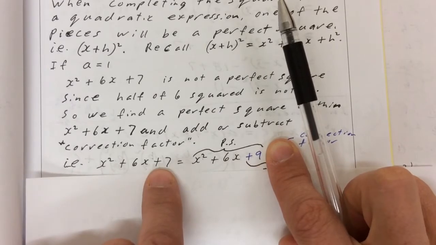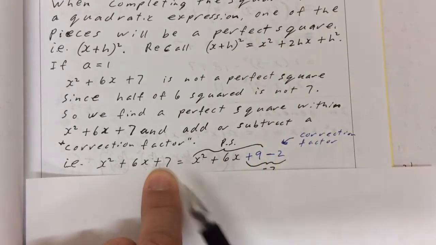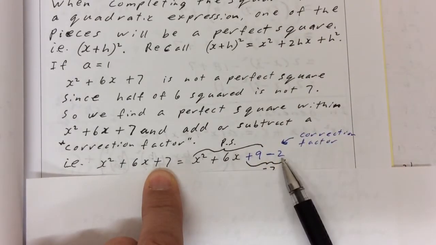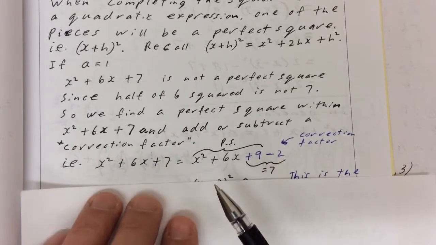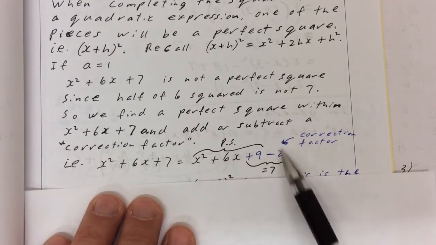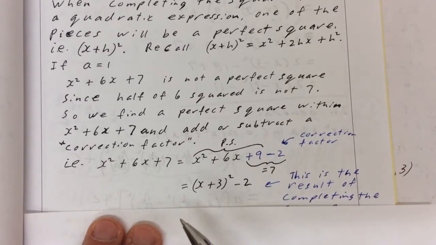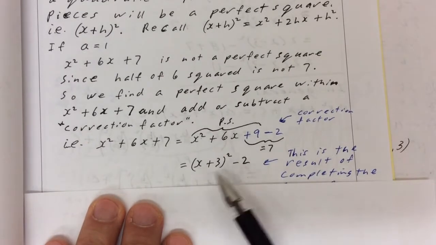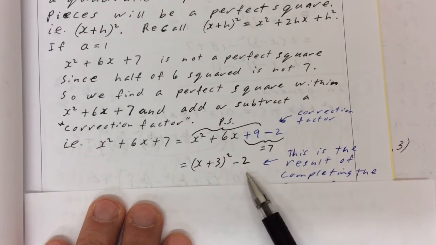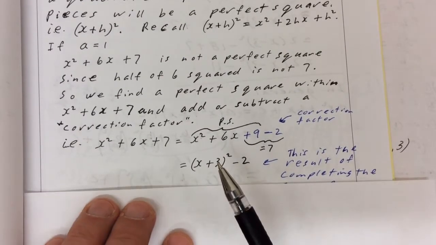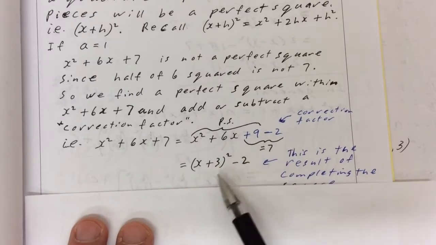Now to make it equal, I need to put in this correction factor. Okay, so 9 minus 2 is 7, so that makes it equal. Okay, so once we've got this perfect square, I can now write it as a perfect square. Okay, and now you have x plus 3 squared minus 2. This is the result of completing the square. Okay, you need to have it in that form.